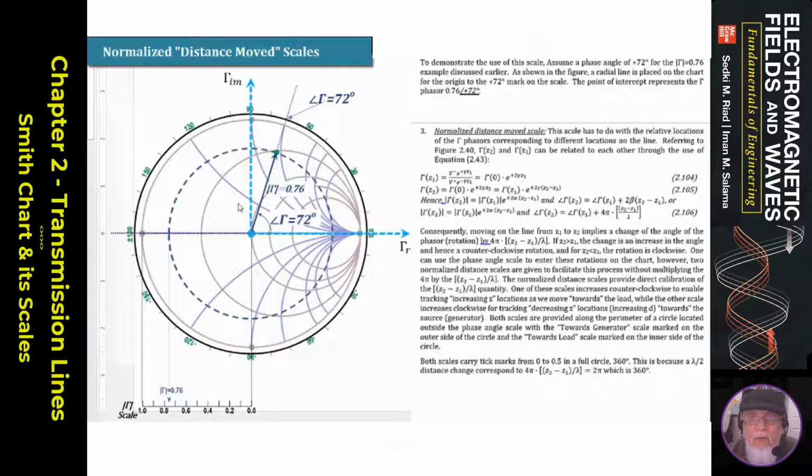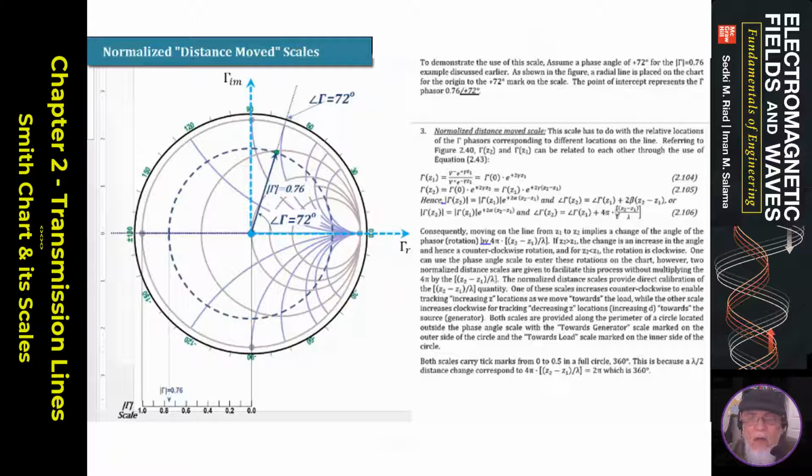So my gamma phasor here is going to rotate around this constant circle, because the magnitude is constant, and this angle is going to be changing. So if I move from Z1 to Z2, I can calculate the angle, and I can use this scale here to determine where the new location is.